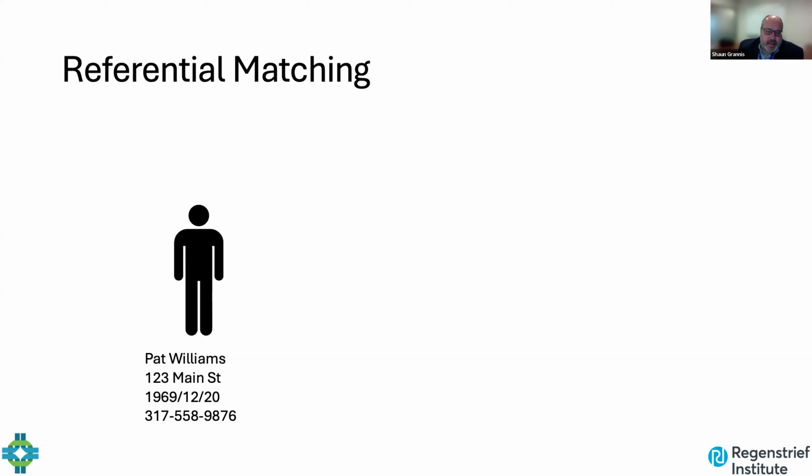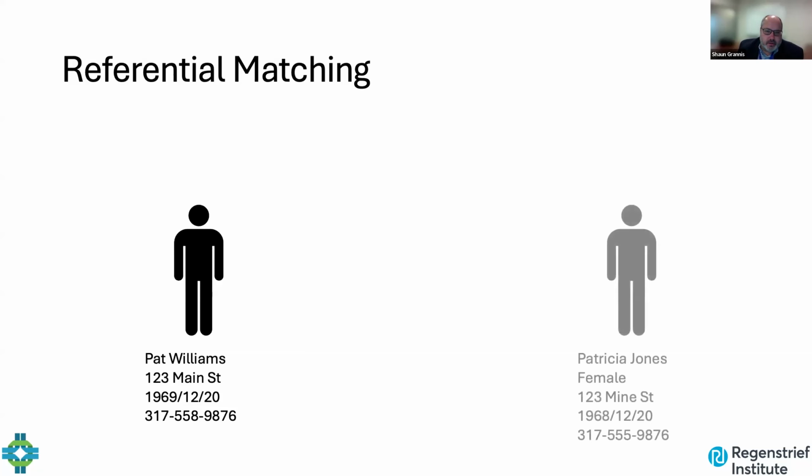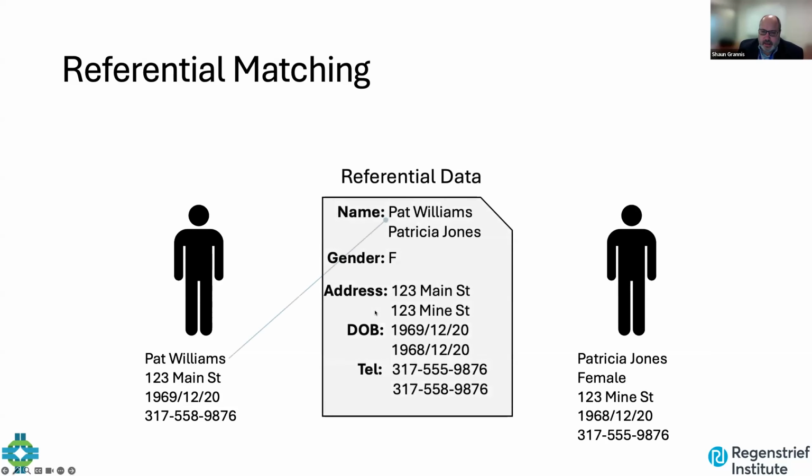In this example, you have a patient, Pat Williams, and their identifiers there. So Pat, I don't know a lot about him, but then we see a Patricia Jones, female, etc., dates of birth, etc., and we start looking at these, and we can put together some patterns.